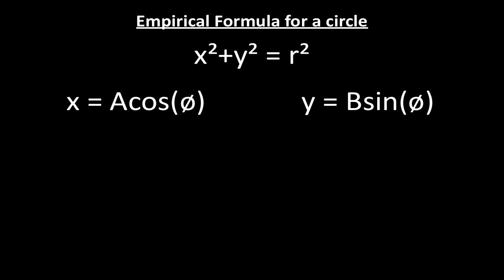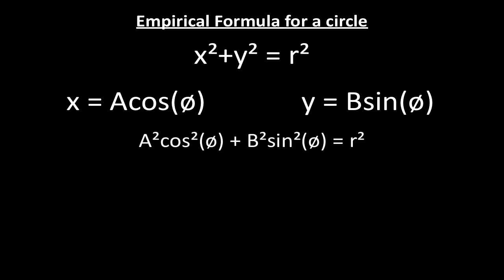We can see from this that a squared cos squared phi plus b squared sin squared phi has to equal r squared from the formula of the circle. A trigonometric identity used a lot in mathematics is cos squared phi plus sin squared phi equals 1.